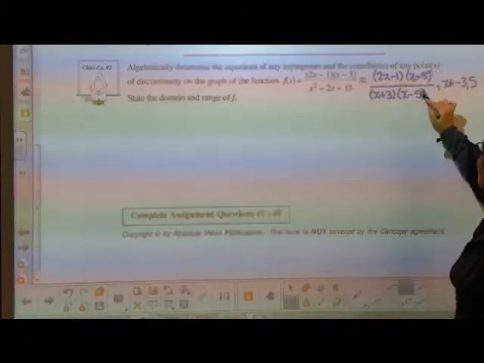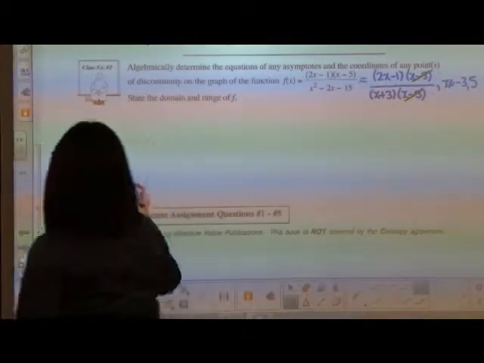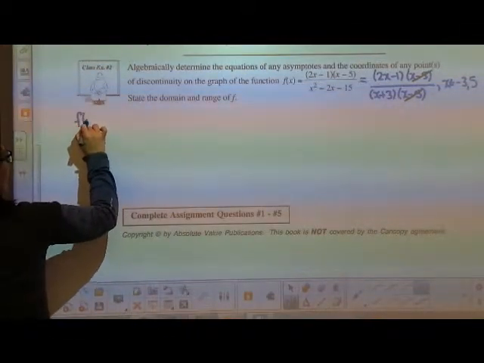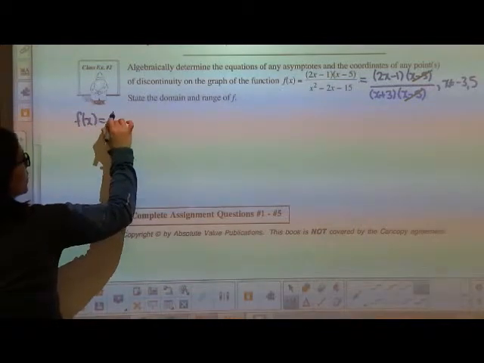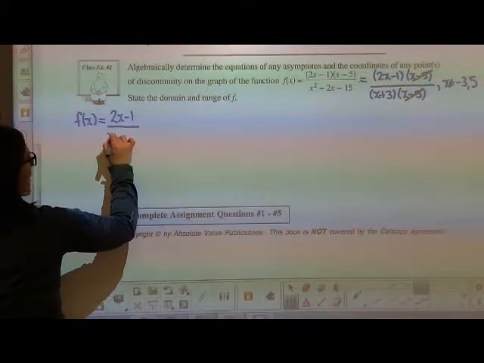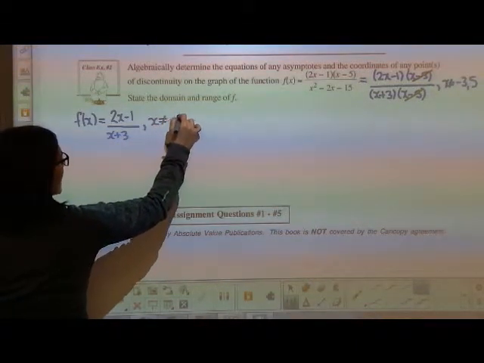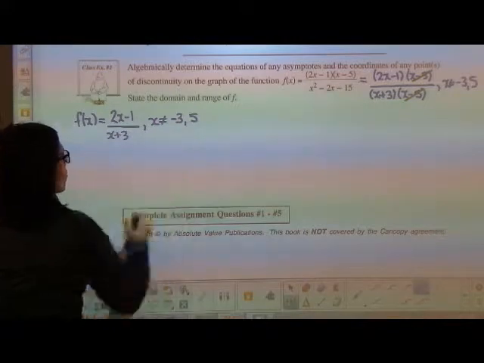I also have common factors that I can cancel out. So I now get this new function, f of x equals 2x minus 1 over x plus 3, but x cannot equal negative 3 or 5.